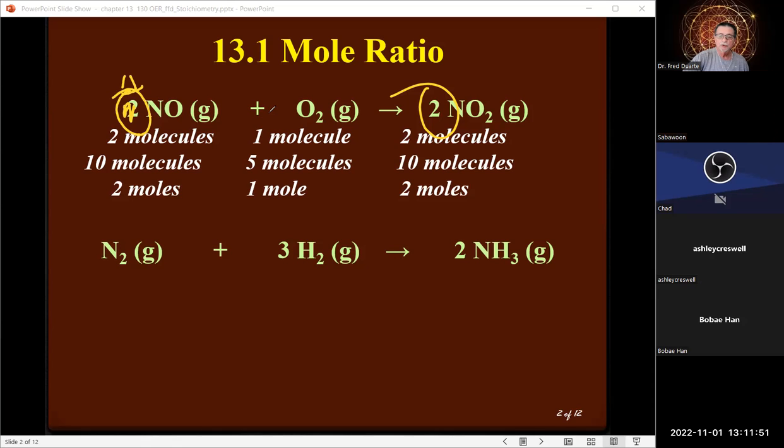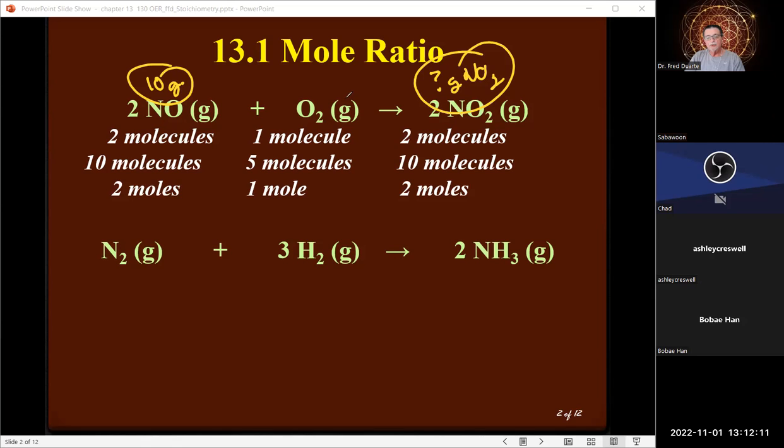Okay. So ultimately, where we're going with this is this. We could say, all right, if I have 10 grams of nitrogen monoxide, how many grams of nitrogen dioxide are we going to make?